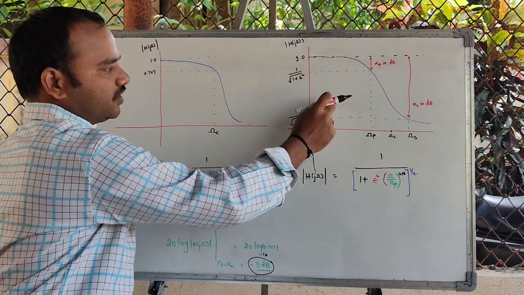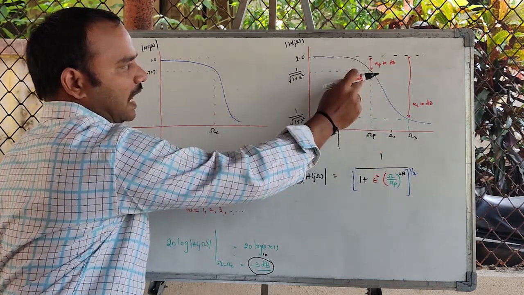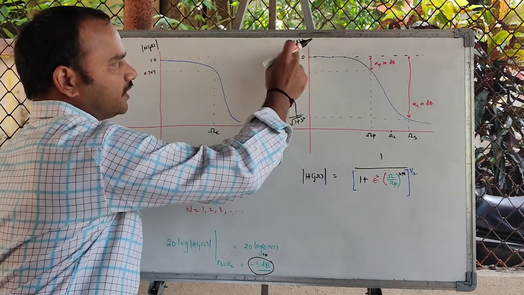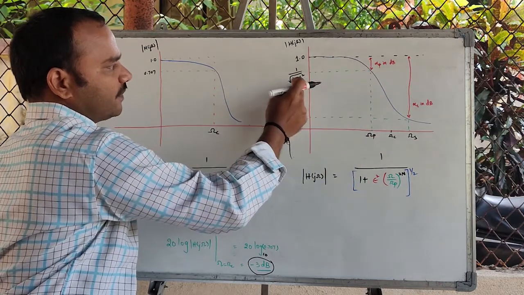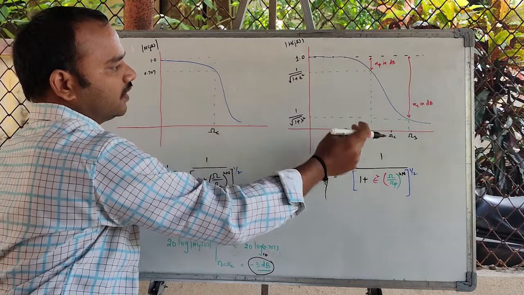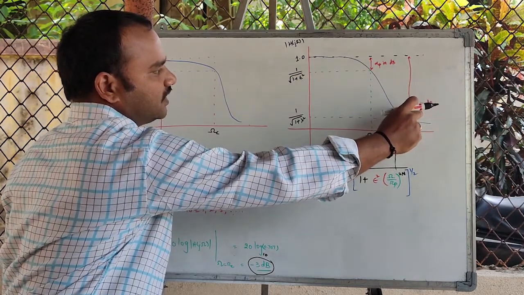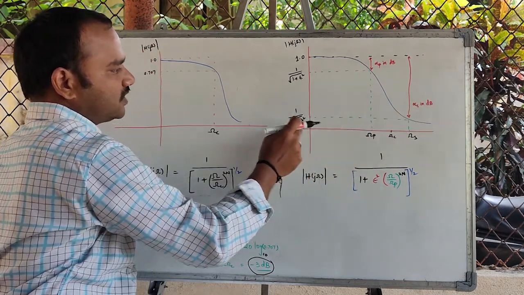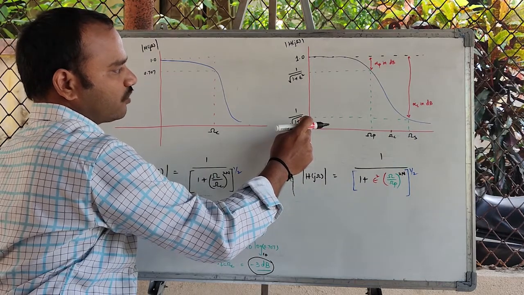In this specification, at pass band frequency, the maximum attenuation allowed is alpha p in decibels, and the magnitude of this function at pass band frequency is 1 by square root of 1 plus epsilon square. At stop band frequency, alpha s is the attenuation allowed, and the magnitude at this frequency is 1 by square root of 1 plus lambda square.